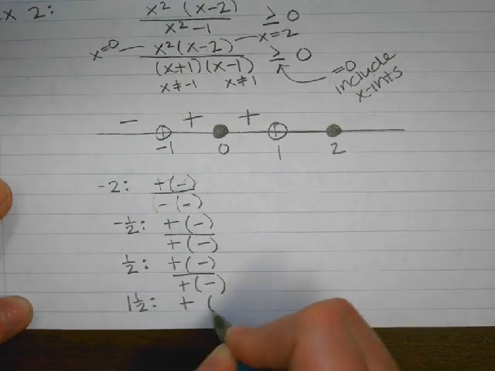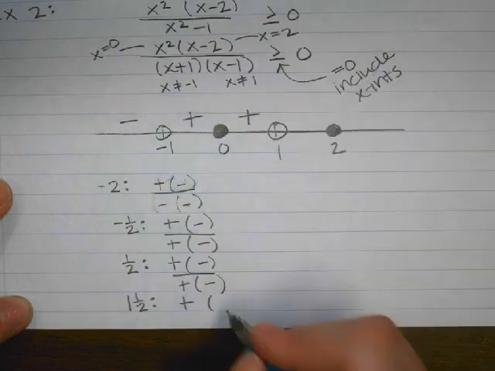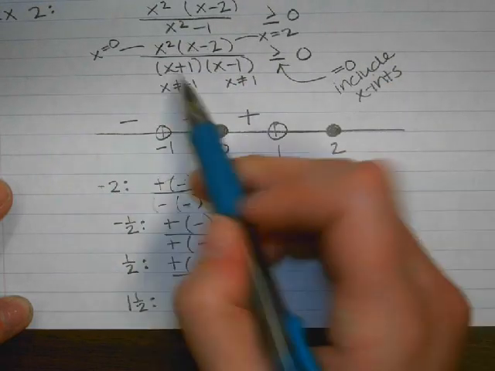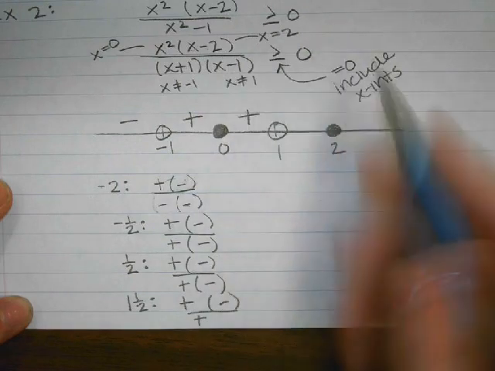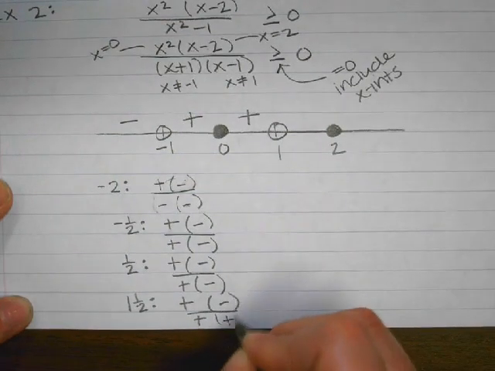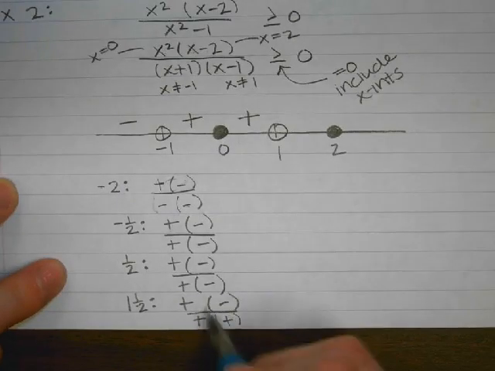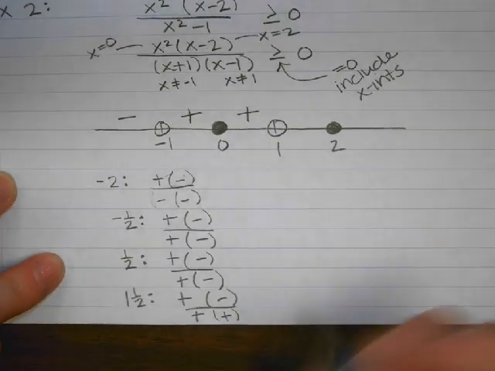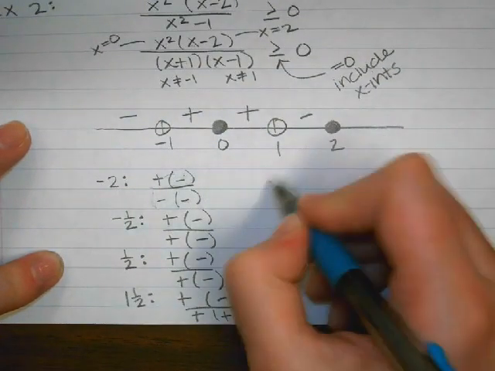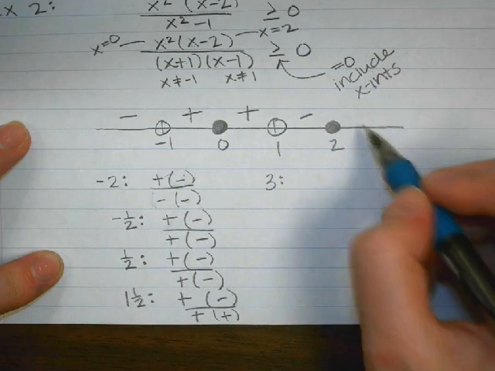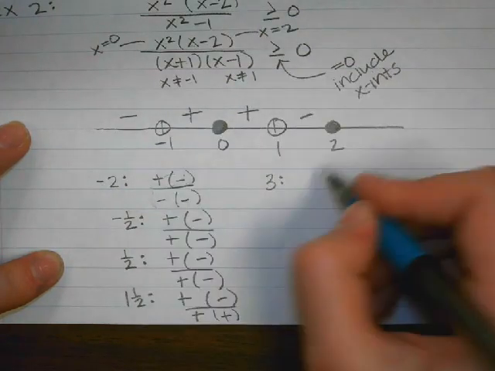So positive for the first one. 1/2 minus 2 is negative. 1/2 plus 1 is positive. 1/2 minus 1 is positive. And so this overall would be a negative on the top divided by a positive on the bottom, which is negative. And then last but not least, plug in 3, positive.